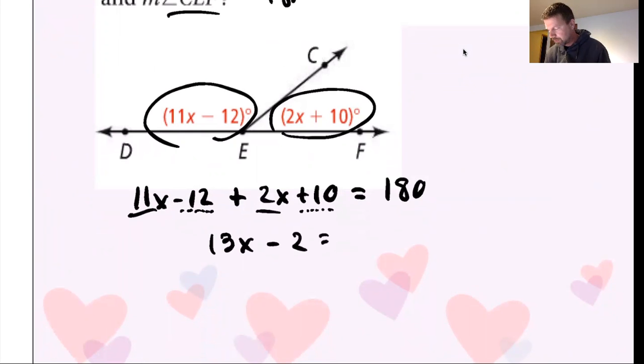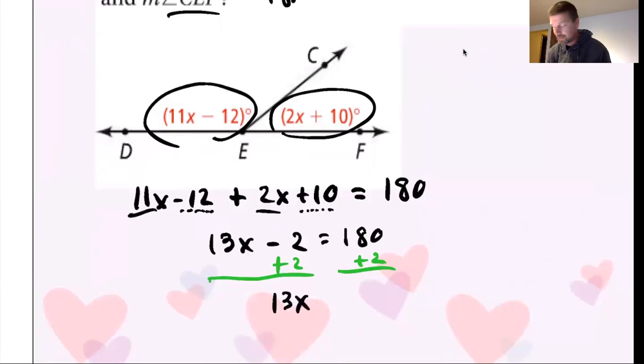I didn't do anything with that 180 yet, so it's still equal to 180. And then we just do opposite things. The opposite of minusing 2 is adding 2, so I'm going to add 2 to both sides. When I do that, I end up with 13x by itself, because those 2's go away. Again, opposite operations. And that'll equal 182.